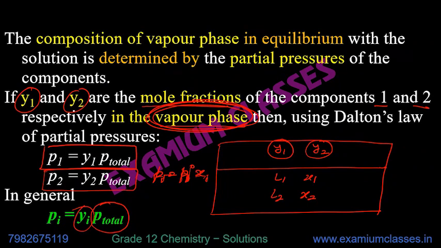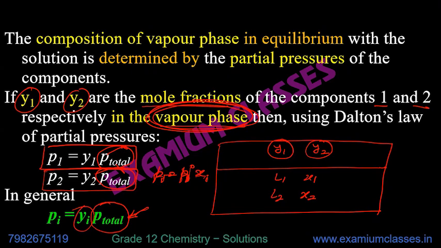Okay? So the difference here is that here we will be talking about P total. So in both cases, it is P total, the total pressure by the vapors. Pressure will be due to vapors only, not due to liquid. So P total will be the pressure due to both vapors. And P1, P2 will be the partial pressures of each component.